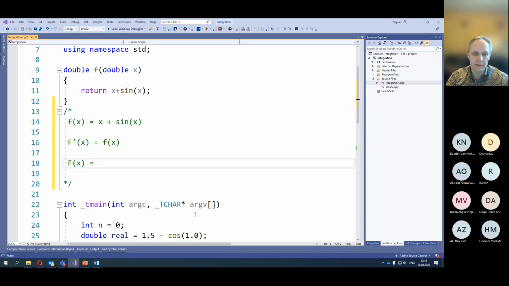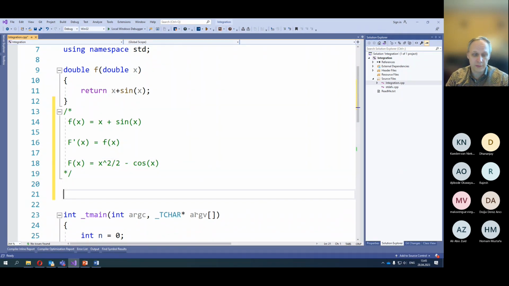We will have x squared over 2, this is the antiderivative of x, minus cosine x. It will be the antiderivative.